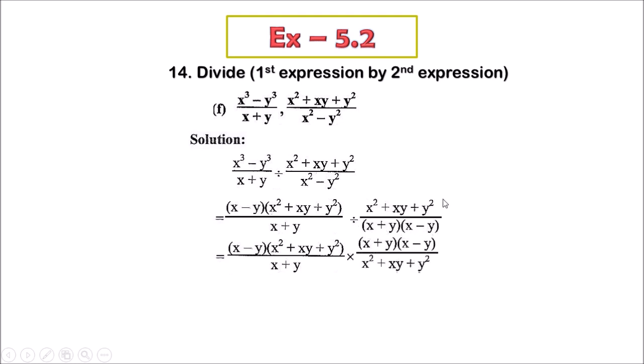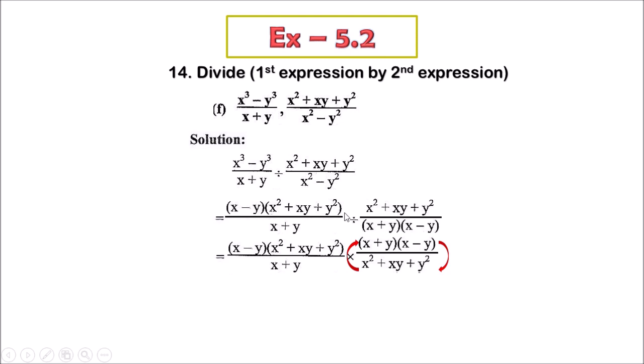The numerator goes down and the denominator goes up. Look, this way: the denominator comes up to the numerator, and the numerator goes down to the denominator. Why? Because I have changed this division sign into a multiplication sign. In class 5, you already learned this in the arithmetic part. This is called the reciprocal fraction.